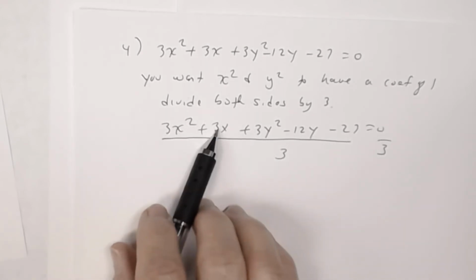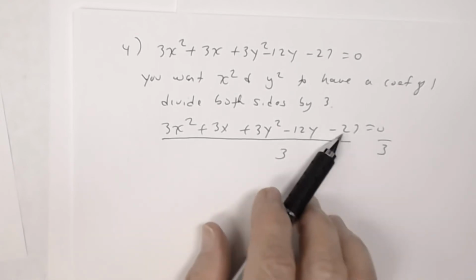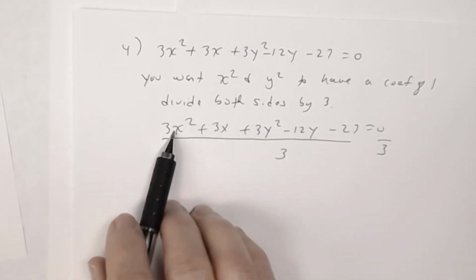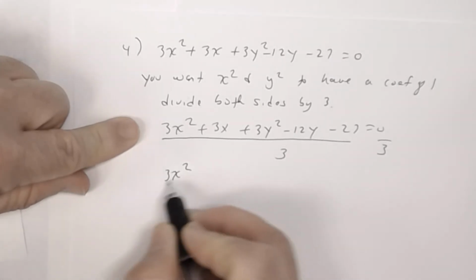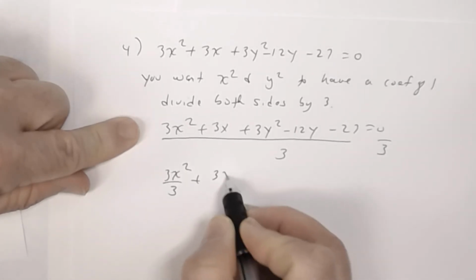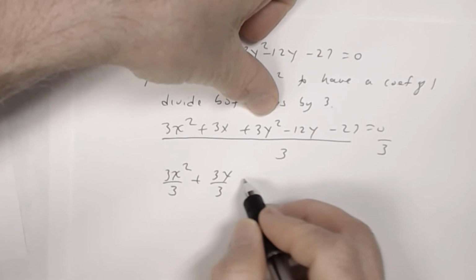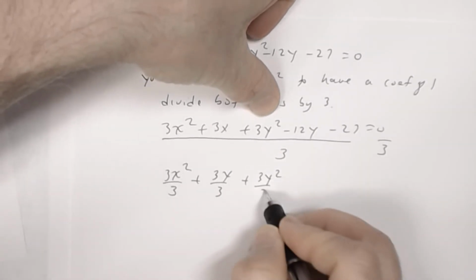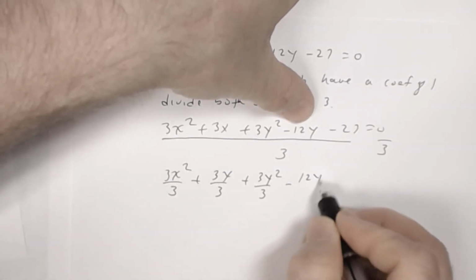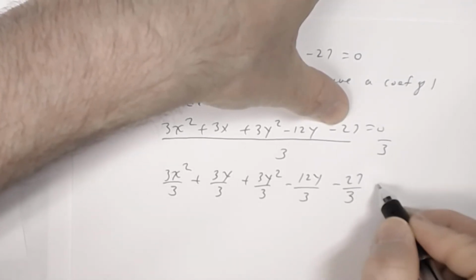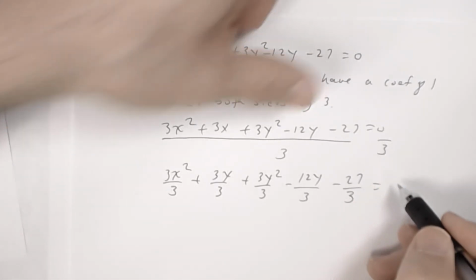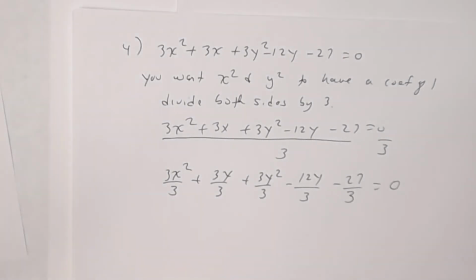So every term is being divided by 3. So this is what you have. You have 3x squared divided by 3 plus 3x divided by 3 plus 3y squared divided by 3 minus 12y divided by 3 minus 27 divided by 3, and 0 divided by 3 is 0. So let's go ahead and put a 0 there.